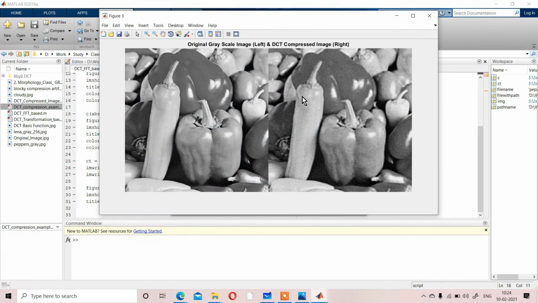See, the degradation of the image is getting more as we are compressing more. Compressing more means some high information pixels are also reduced. That is the reason degradation is happening, and as a result compression will be more.